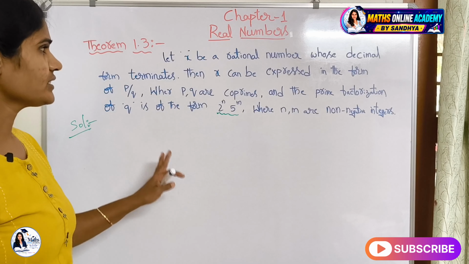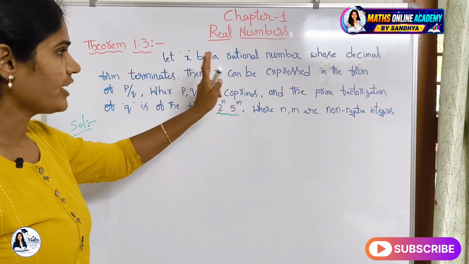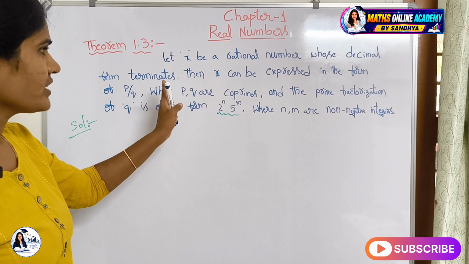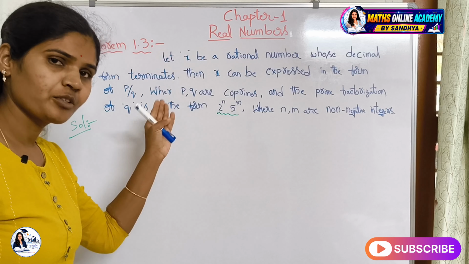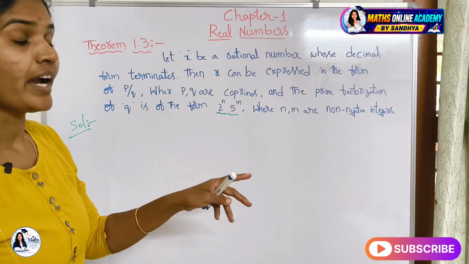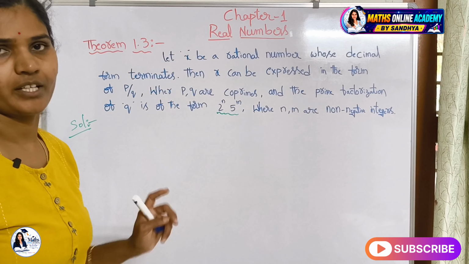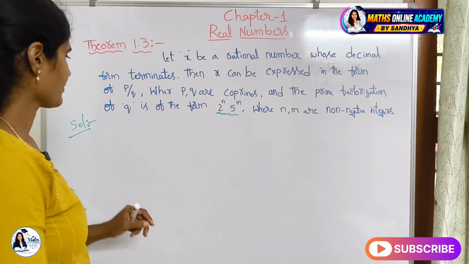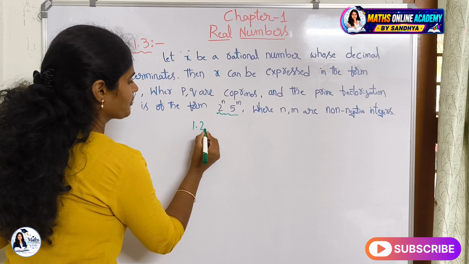So let's take one rational number x, and we have to show that its decimal form terminates, that it is in the form p by q, that p and q are co-primes, and that the factorization of q is 2 power n, 5 power m. For this we take one example, 1.25.